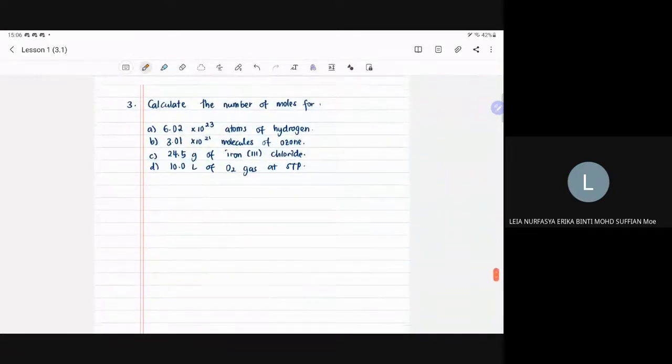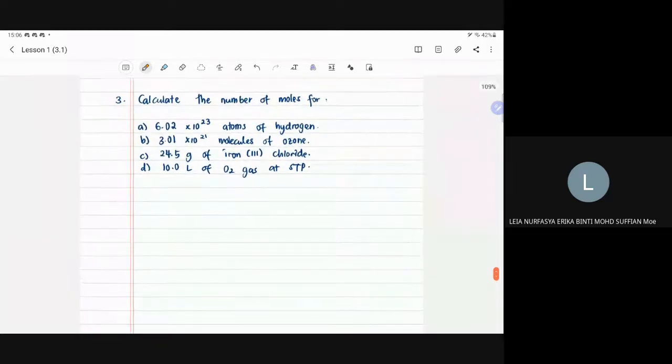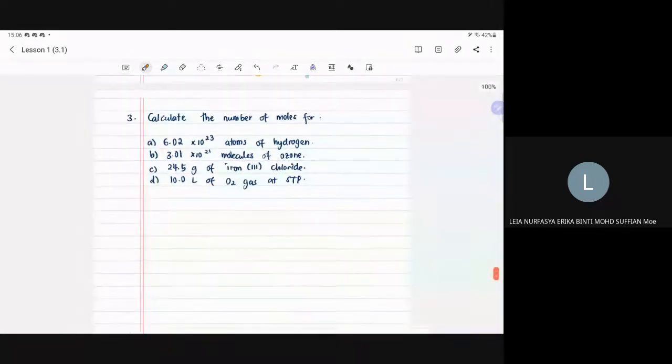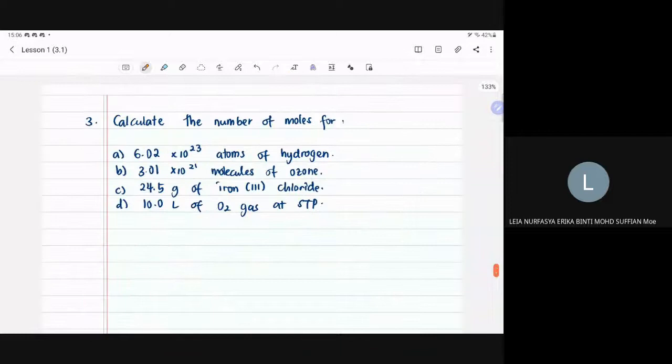More question. Okay. So untuk soalan ni, I want you to try to answer it. Kejap lagi nanti saya bagi jawapan. So we end the session here. I want you to do this as your homework. So this will be your homework for today. Saya akan bagi jawapan kejap lagi.